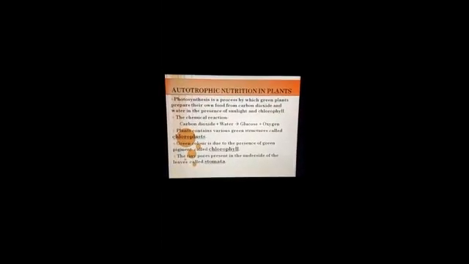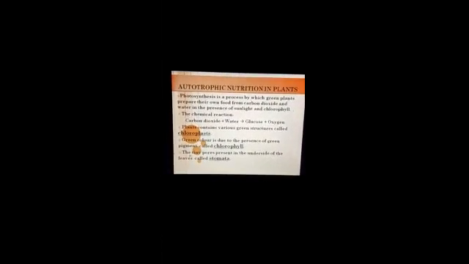Autotrophic nutrition in plants. Photosynthesis is a process by which green plants prepare their own food from carbon dioxide and water in presence of sunlight and chlorophyll. The chemical reaction: carbon dioxide combines with water in presence of sunlight and chlorophyll to give glucose plus oxygen.